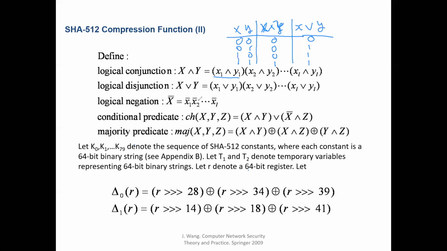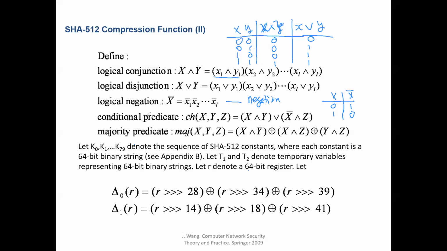So this is a bitwise negation. So what that means here is X bar: 0 becomes a 1, 1 becomes 0. That's negation. So then we define two predicates.